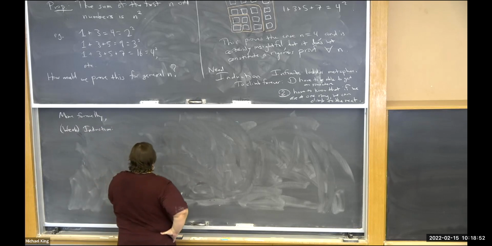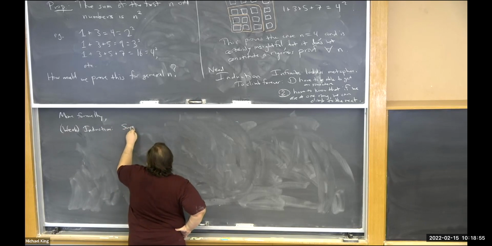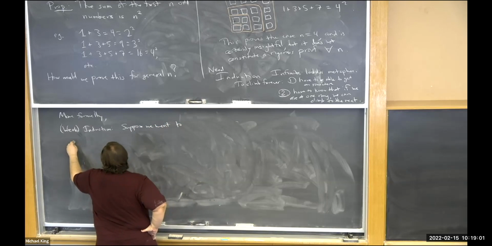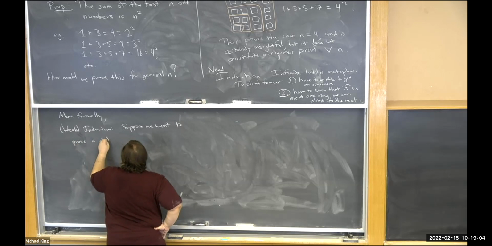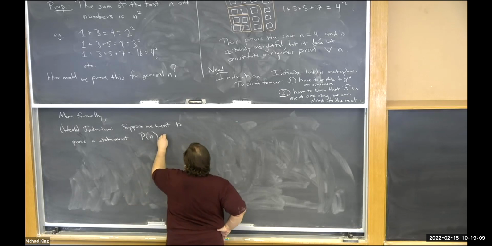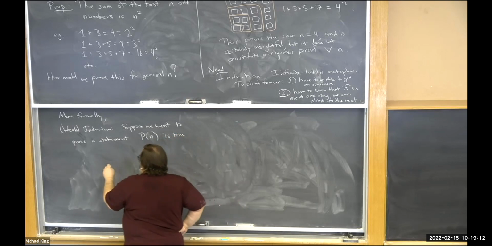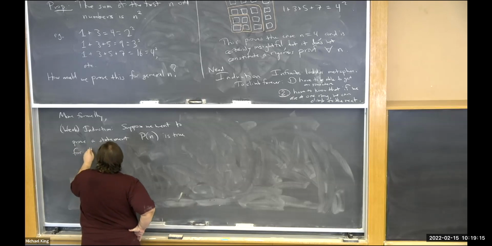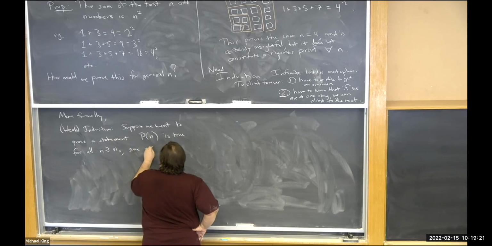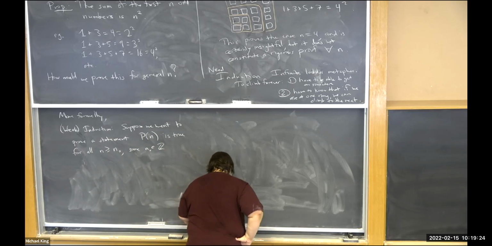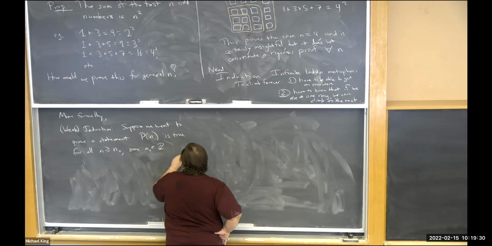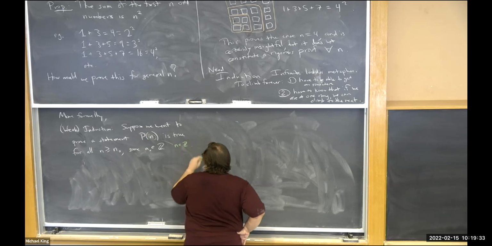Suppose we want to prove a statement P of n, which I call P of n because it depends on n, is true for all n greater than or equal to some initial n naught in the integers. And n is also an integer. So this is about step by step, not about real numbers or anything.